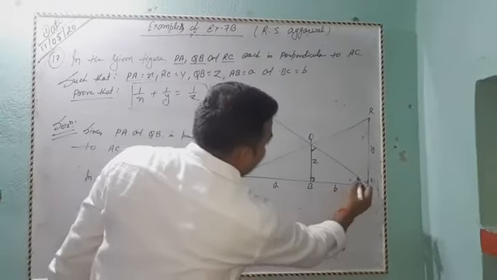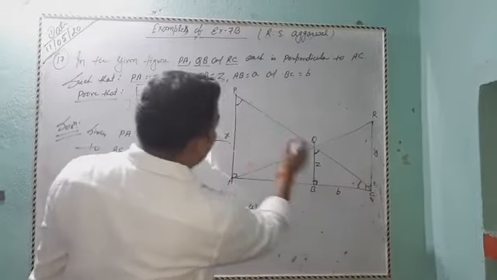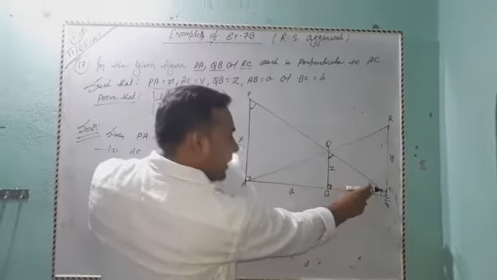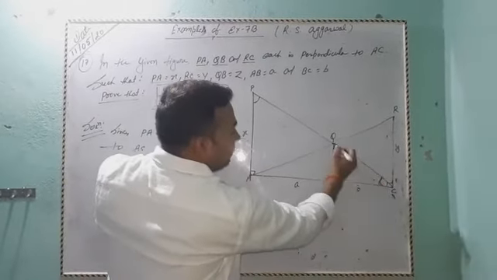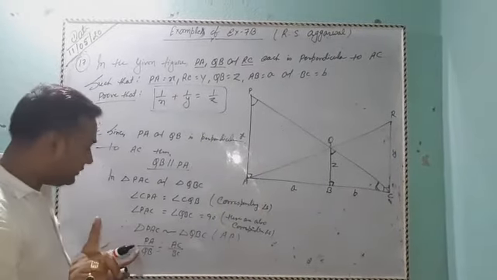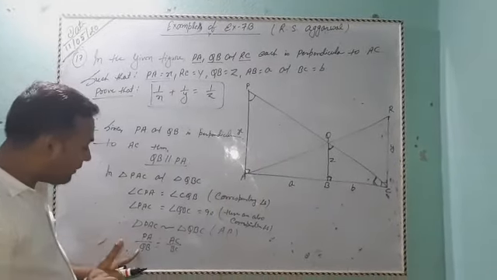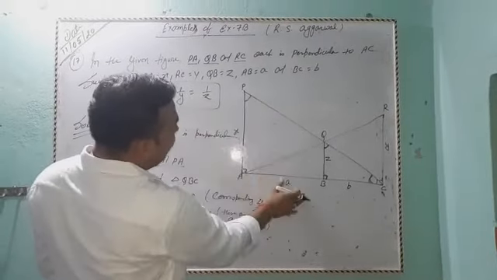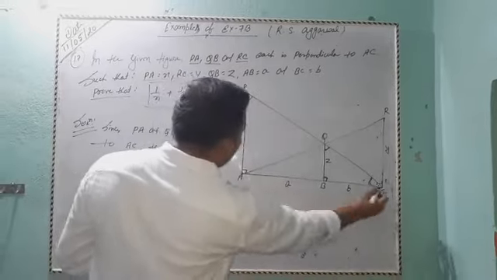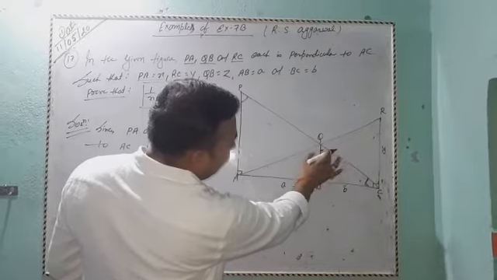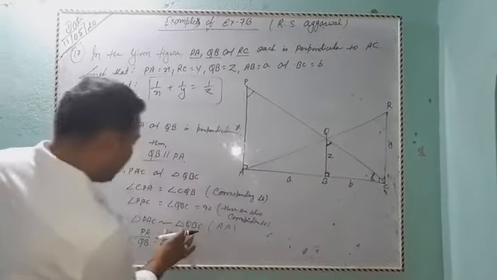Okay, students, PA is the side opposite to angle C, and in this triangle, the side opposite to angle C is QB. So PA by QB. PA and QB are the corresponding sides and the ratio PA by QB is equal to AC by BC. AC is the side opposite to angle P, and in the other triangle angle P is equal to angle Q and the side opposite to angle Q is BC, then AC by BC.